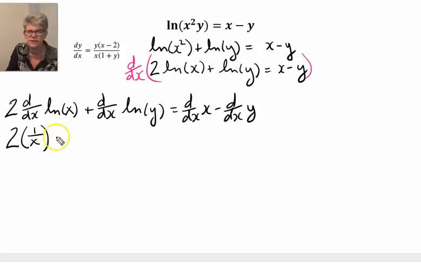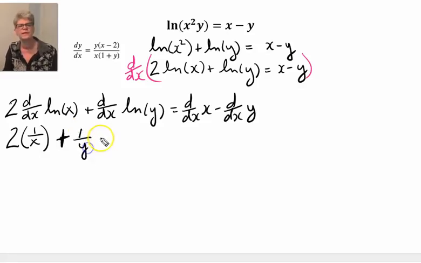The derivative of ln of y, so I have plus, is 1 over y, but we're taking the derivative with respect to x, so I have to multiply that by dy/dx. The derivative of x is just 1, then minus. The derivative of y is just 1, but I'm taking the derivative with respect to x, so it's 1 times dy/dx.